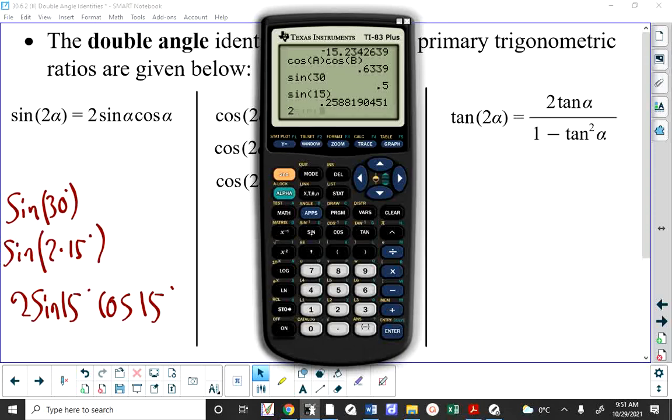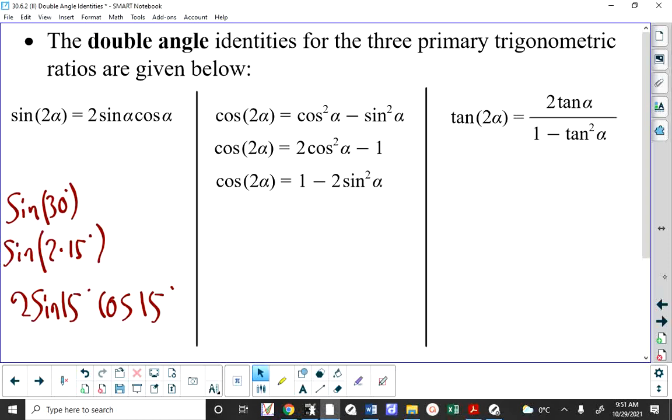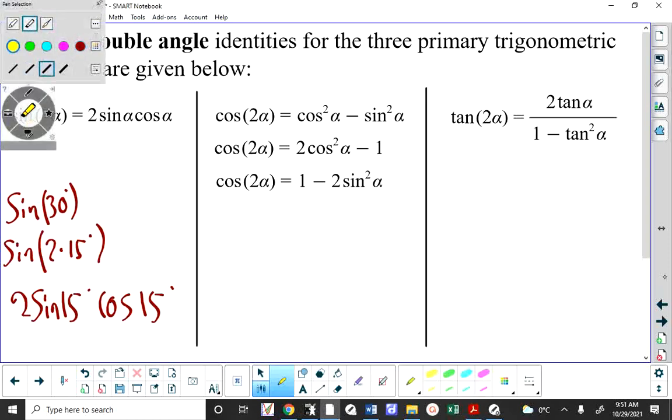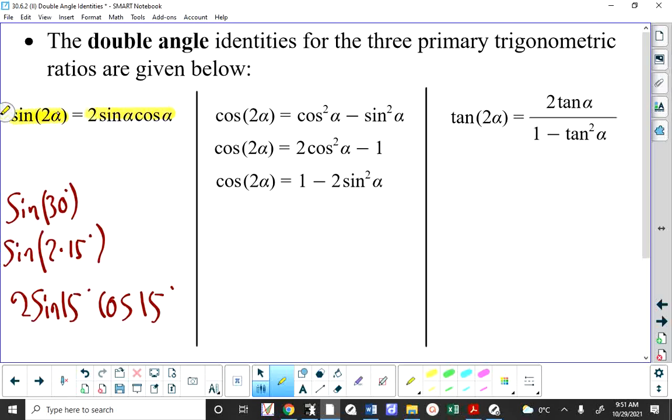But I take 2 times the sine of 15 degrees times the cosine of 15 degrees, even though sine of 15 is some irrational number, and cosine of 15 is some irrational number, you get 0.5. So I'm not going to verify all of these. I just need you to understand, and this is maybe the best way I can think of to put it, that these two things are the same things.